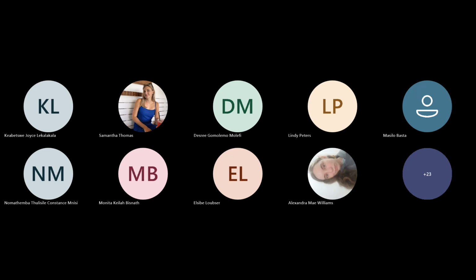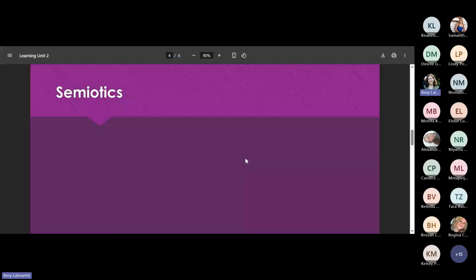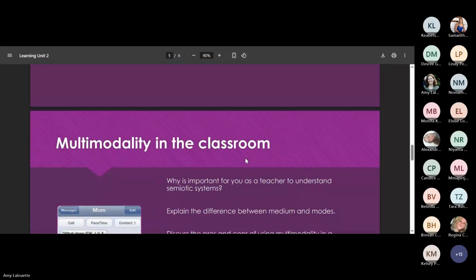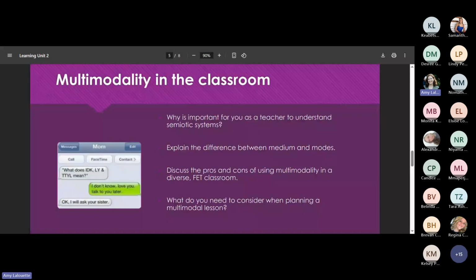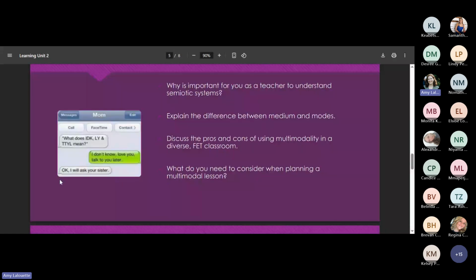So let's go back to my medium of a slideshow and some questions. So here is an example of semiotics gone awry. What does IDK, LY, and TTUL mean? I don't know, love you, talk to you later.